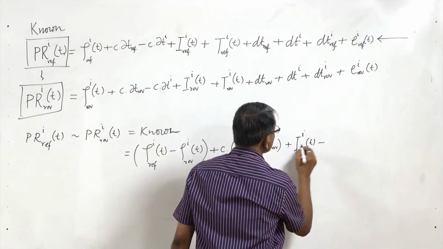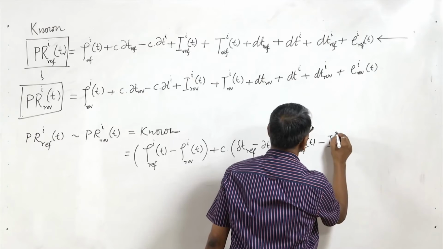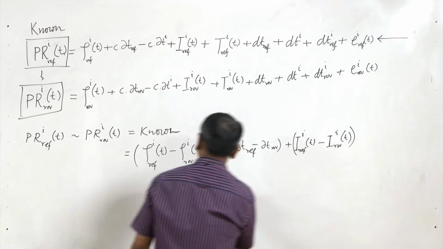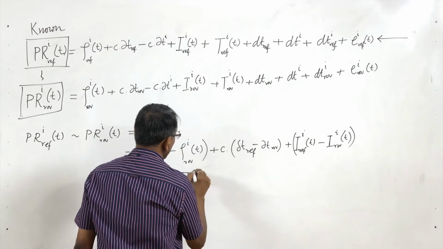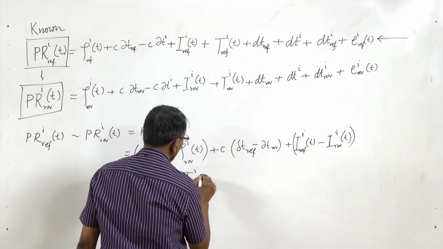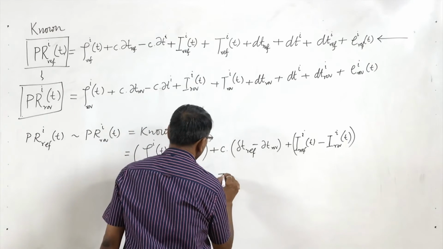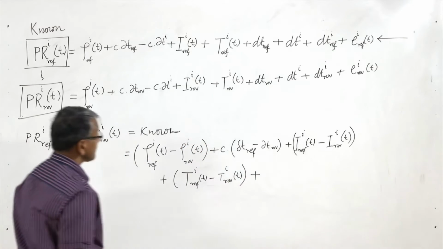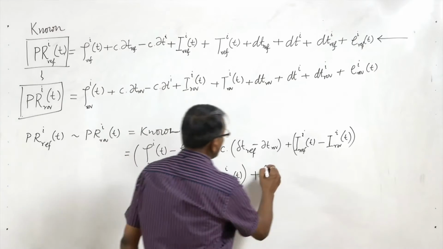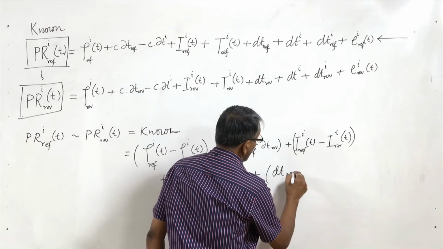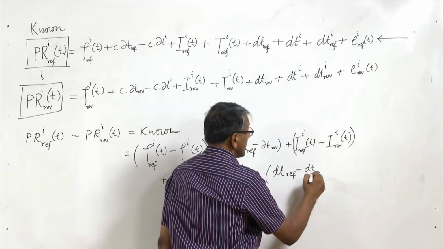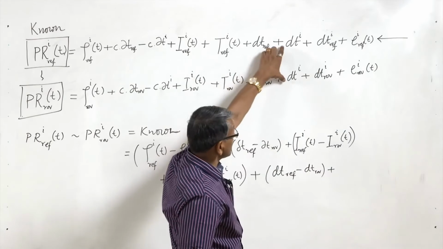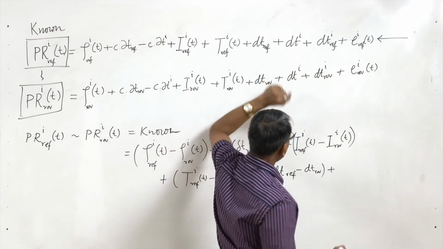Then the ionospheric error difference, then the tropospheric error difference between reference and rover, then the difference of the reference and rover receiver hardware errors. These two will cancel, which are the satellite hardware error.